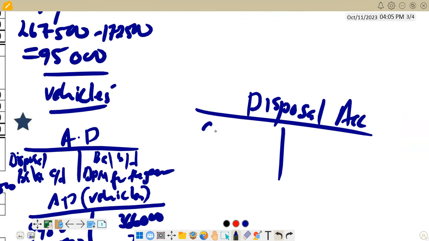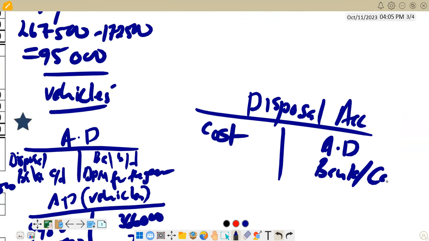The cost price of the non-current asset that has been disposed comes on the debit side. The accumulated depreciation of the assets disposed comes to the credit side. In the cash or bank, the amount received will come on the credit side.